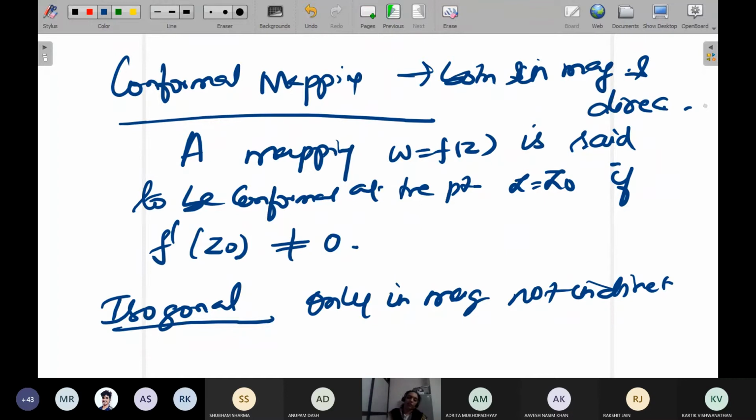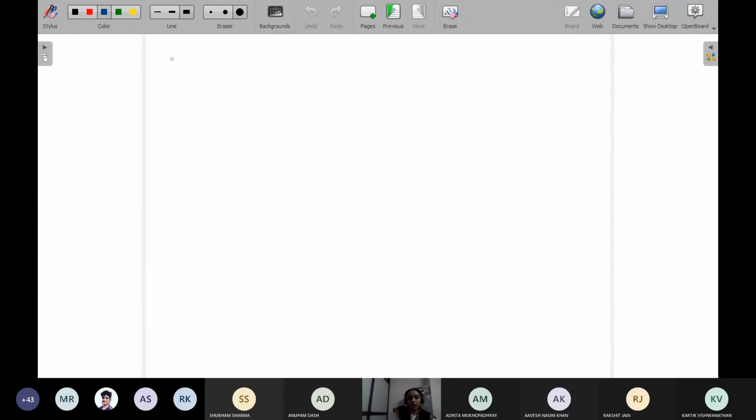Now listen, the point at which it is not conformal is said to be a critical point. So for that, I wanted to give you this definition.